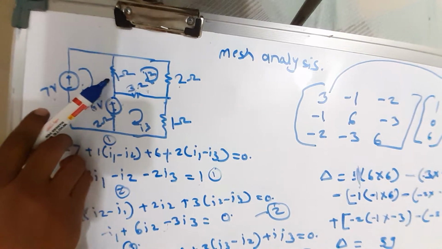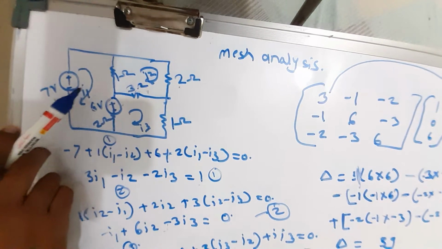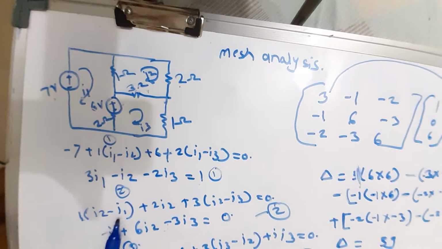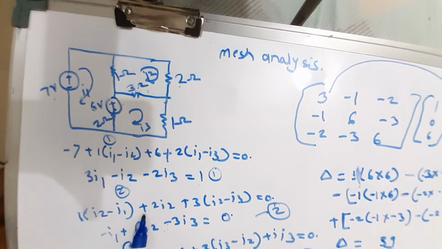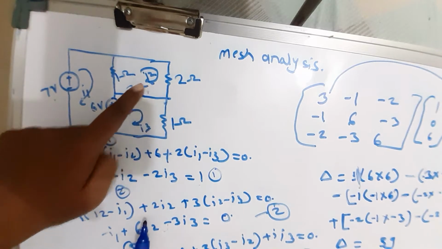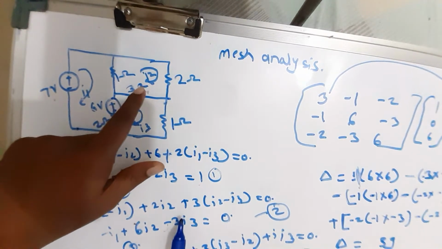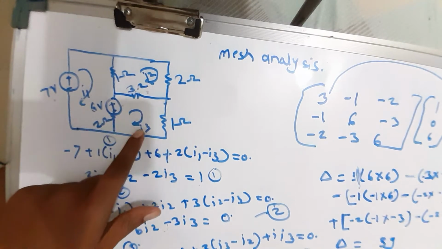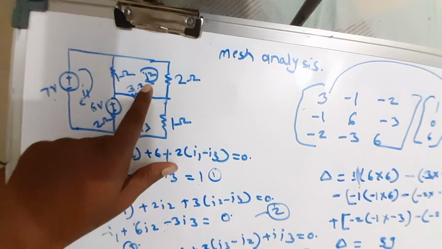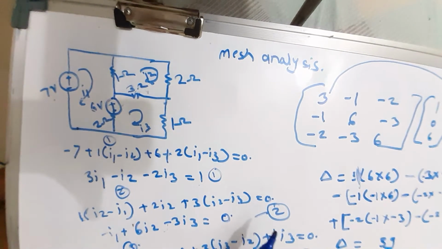The major loop is I2 and the minor loop is I1, so 1 into I2 minus I1, plus 2 I2, plus 3. There are two currents, I2 and I3, but the major current is I2 and the minor is I3. So I2 minus I3 equal to 0.